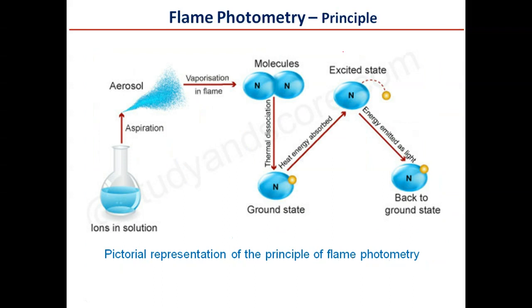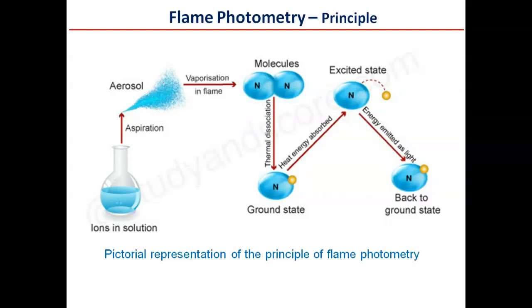So here we have a salt solution, or I can say a solution containing salt. When we aspirate this salt solution into the flame, aspiration means we have a solution containing fine particles, which we call an aerosol or mist.